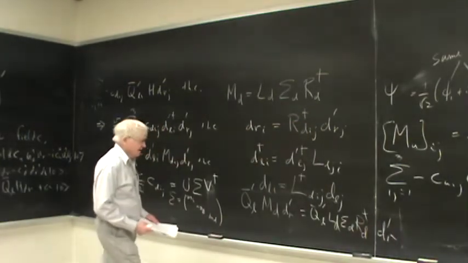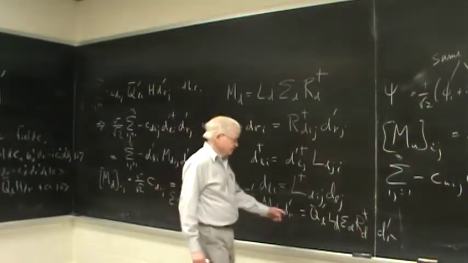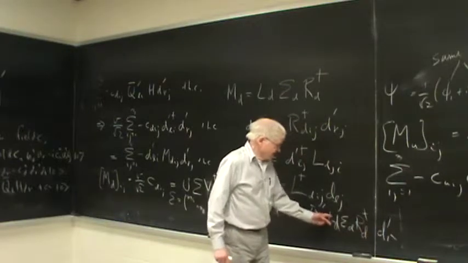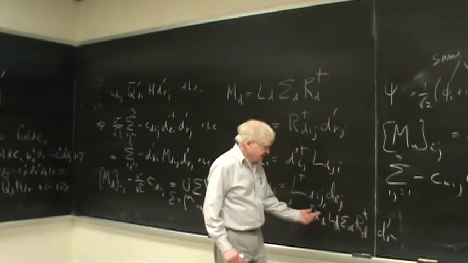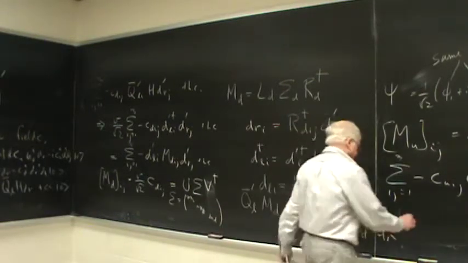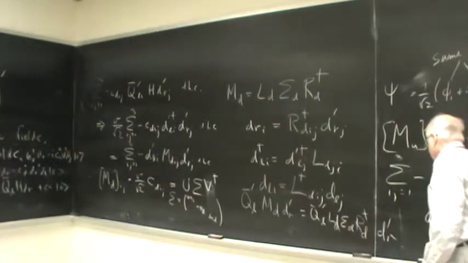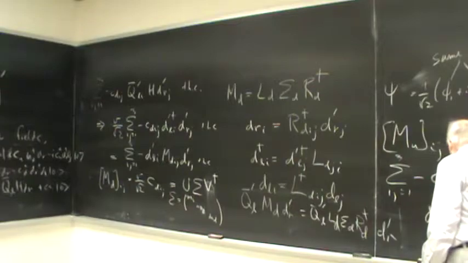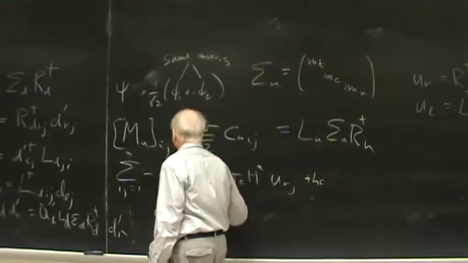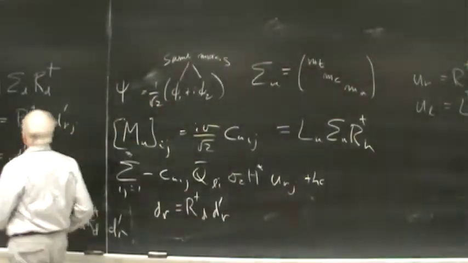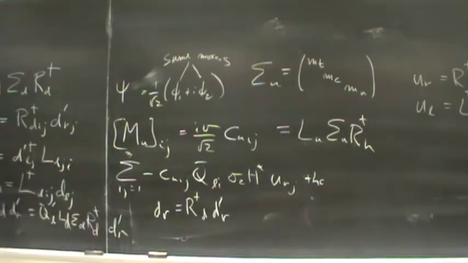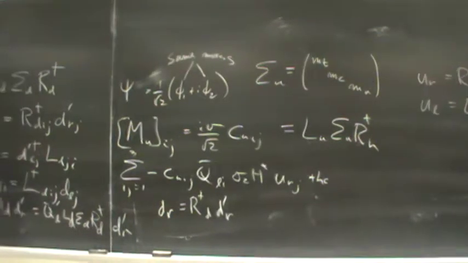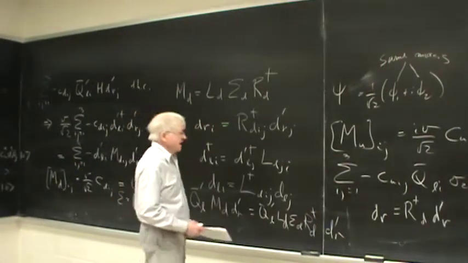And so now we see that the mass eigenstates D_R are R_D dagger D prime right. I hope that's what I wrote. Yes, that's what I wrote. Okay, so that's the way it comes out.